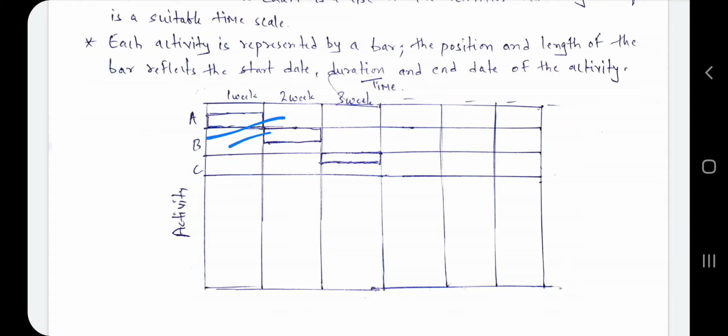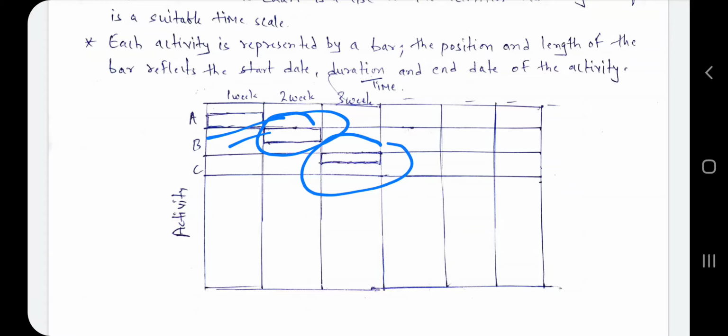As activity A ends, here we start activity B, and after activity B ends, here we start activity C. In this way we have to draw this chart.